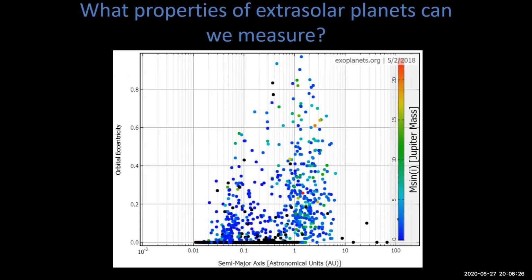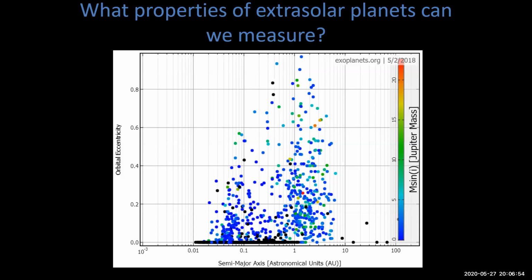Here is another kind of take on the eccentricity versus semi-major axis graph. So again, how elliptical the orbit is for the planet based on how far away it is. And then the color here is showing the mass of the planet.